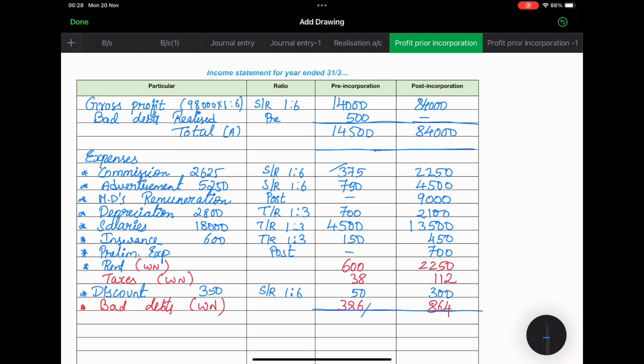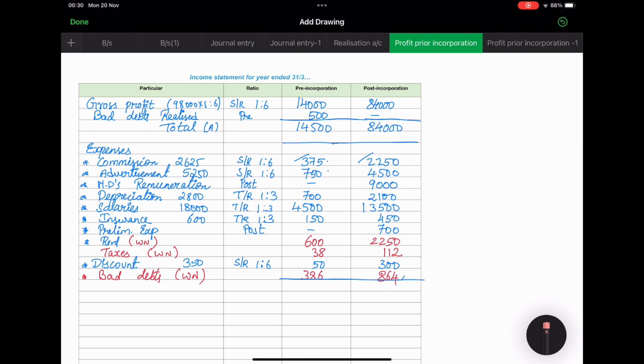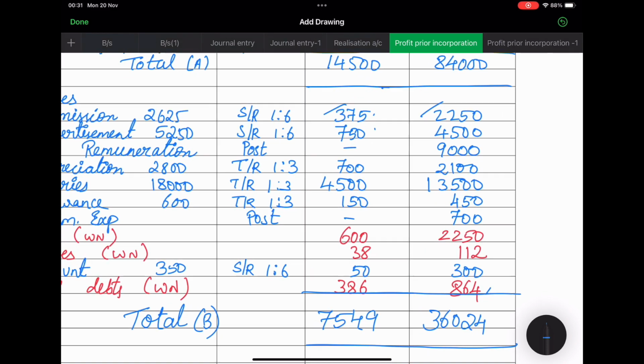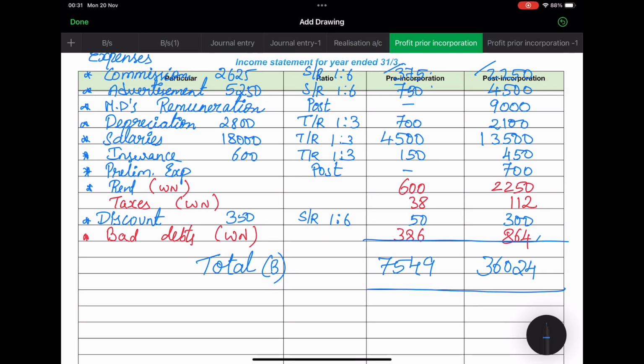So if you add, that means the expenses value will be 1549, and this one is 36,024. This is what we are going to consider as total B, isn't it? So this is the value what we got.